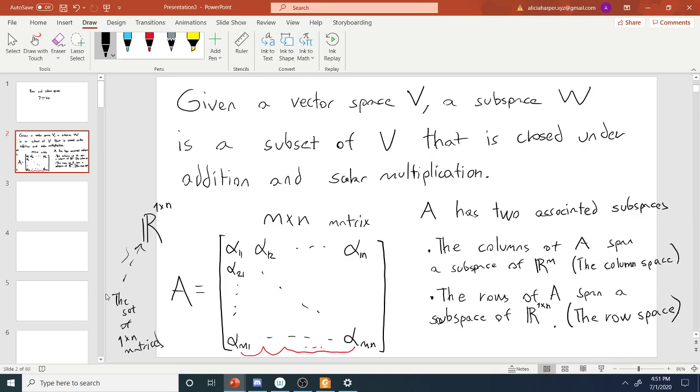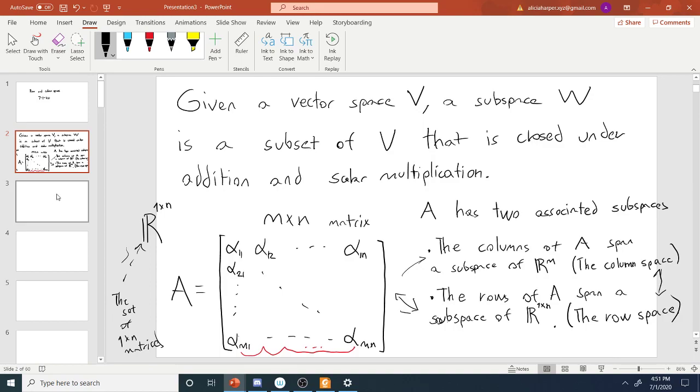So one thing we want to understand today is the relationship between the column space and the matrix, the row space and the matrix, and the relationship between these two spaces themselves. And so we're going to try to answer all three of these interconnections.